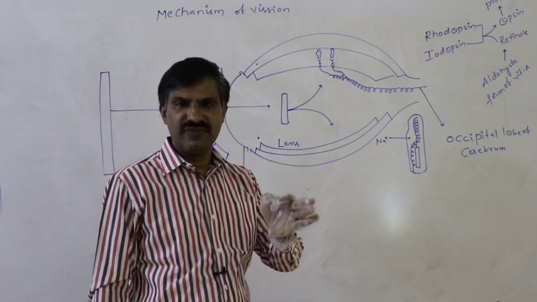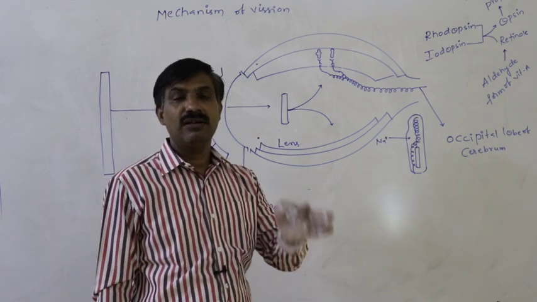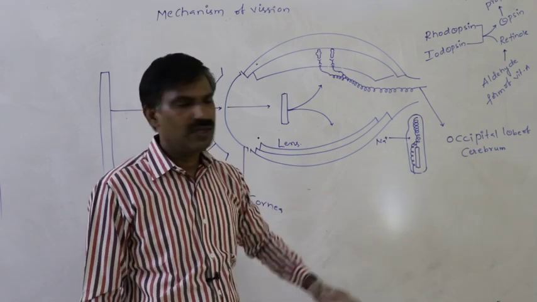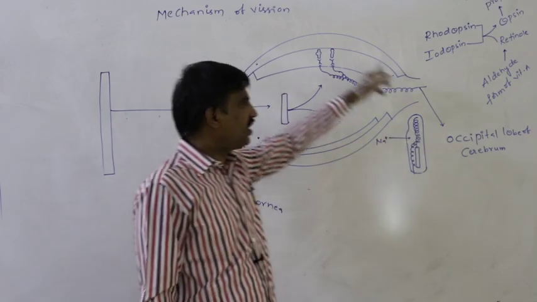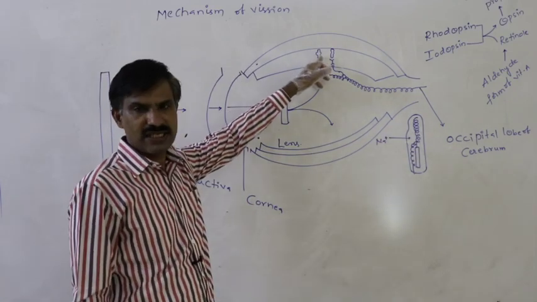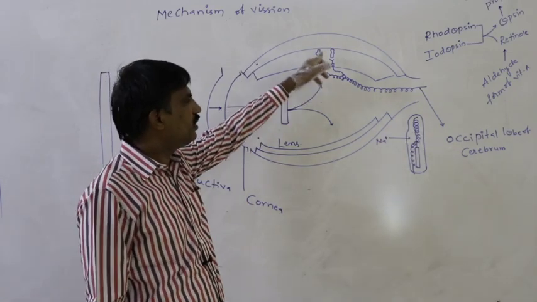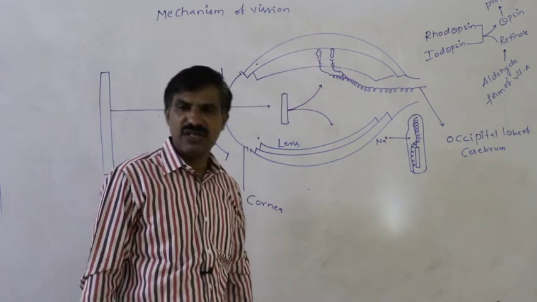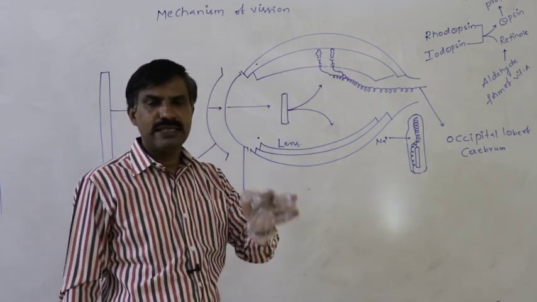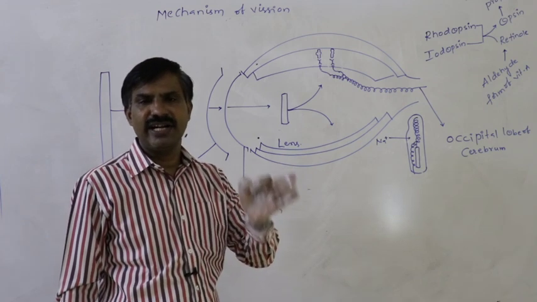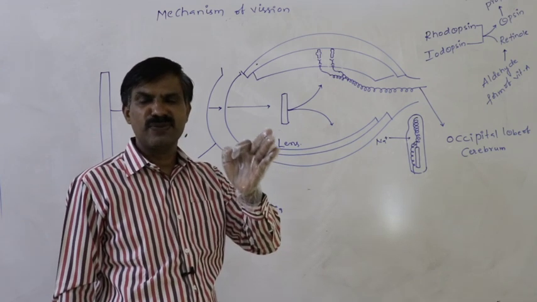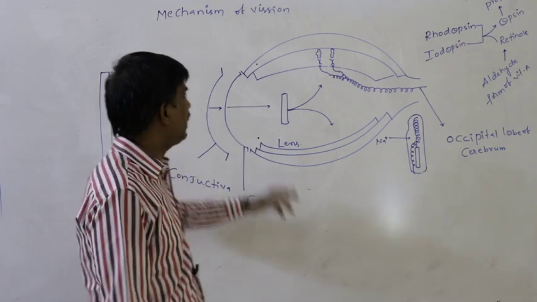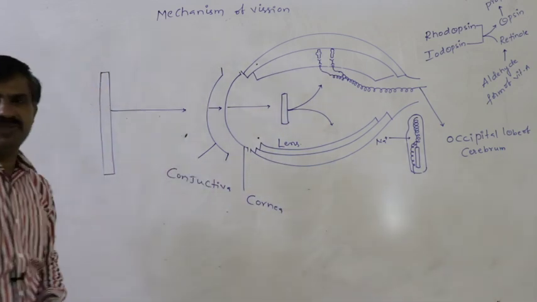They analyze that information and later synthesize the motor information. That motor information is again conducted to the photoreceptor cell. According to that motor information, in the photoreceptor cell, the image gets recorded, which is responsible for the viewing of the object. This is the mechanism of vision.